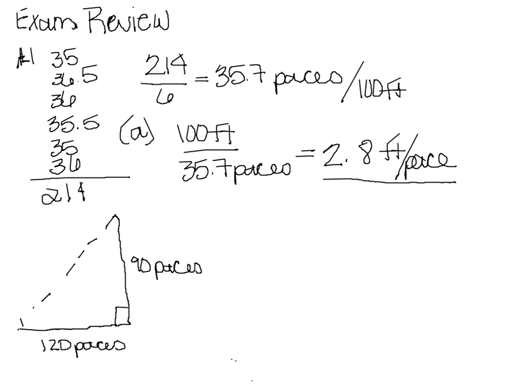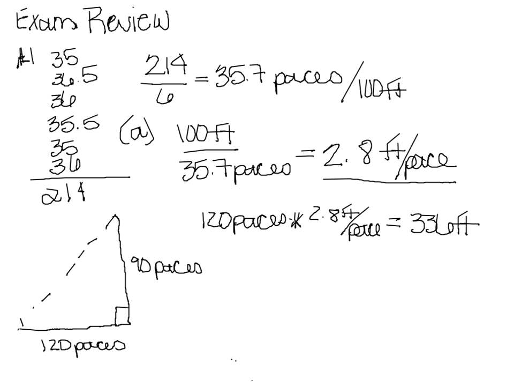So what we're going to do here is convert that. 120 paces times 2.8 feet per pace gives us 336 feet. And then 90 times the 2.8 is 252 feet.